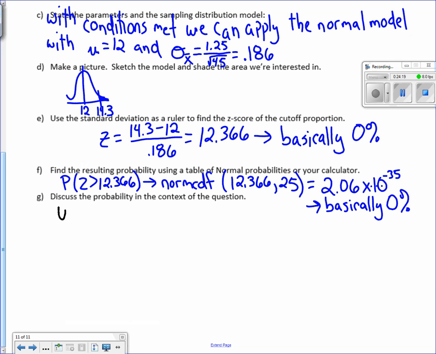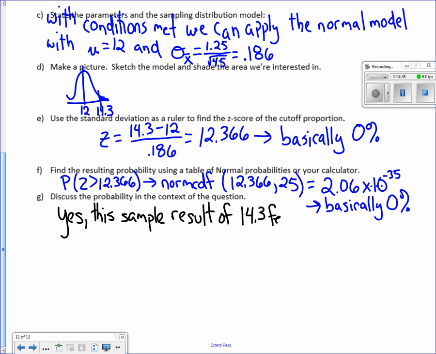So yes, this sample result of 14.3 feet is unusually large.